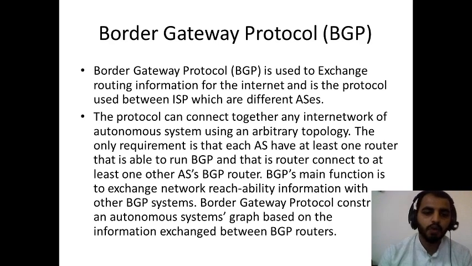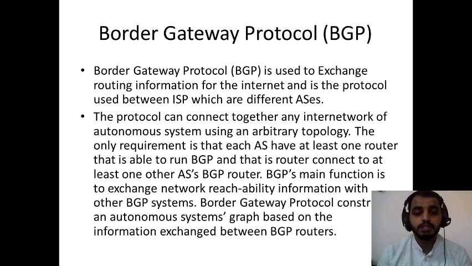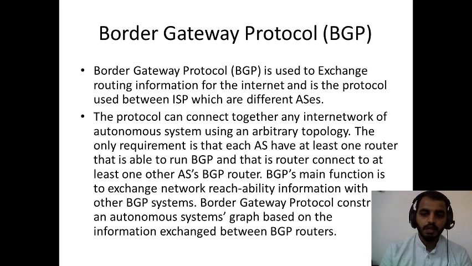Now moving forward, the protocol can connect together any internetwork of autonomous systems using an arbitrary topology. The only requirement is that each autonomous system have at least one router that is able to run BGP, and that router is connected to at least one other autonomous system's BGP router.